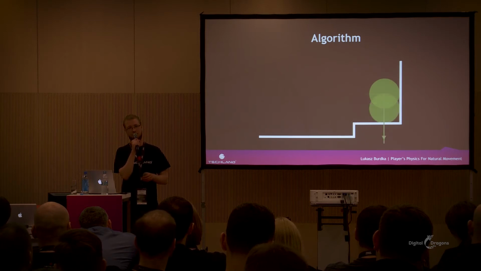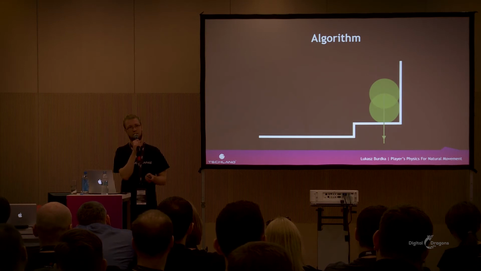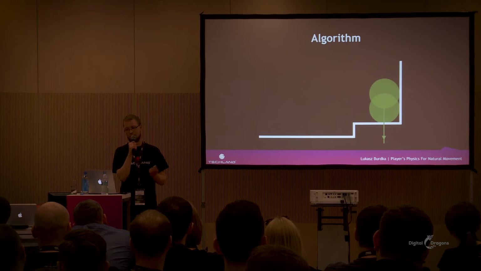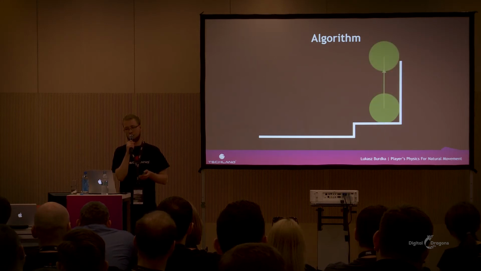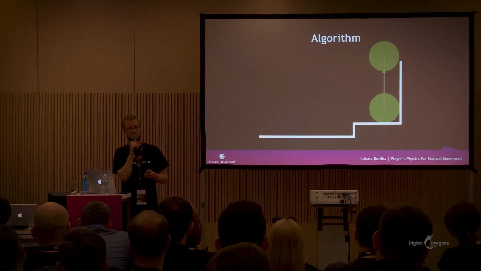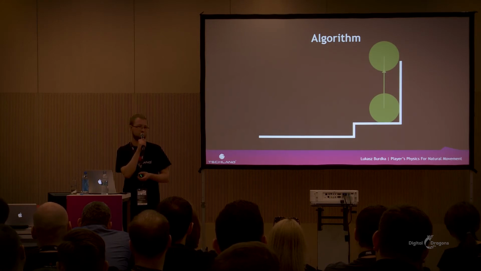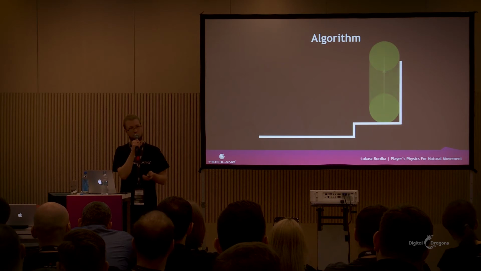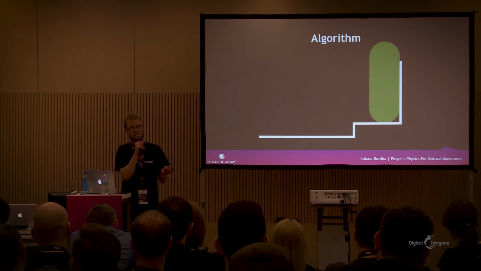Then we cast the sphere down to check where the ground is, or if there even is a ground at all. Then we cast the sphere up to check if there is enough place to stand there, or if we should crouch, or if there is not enough space. And it forms a capsule. And we normally move a kinematic body there.